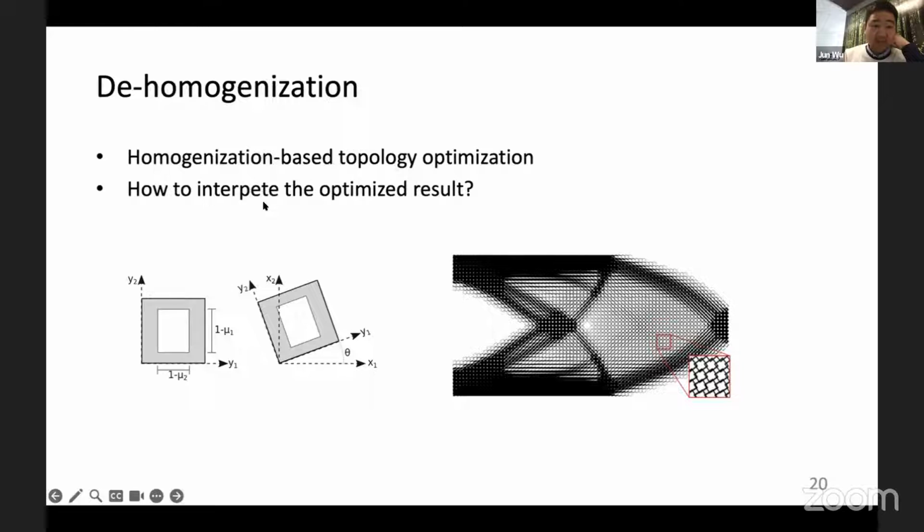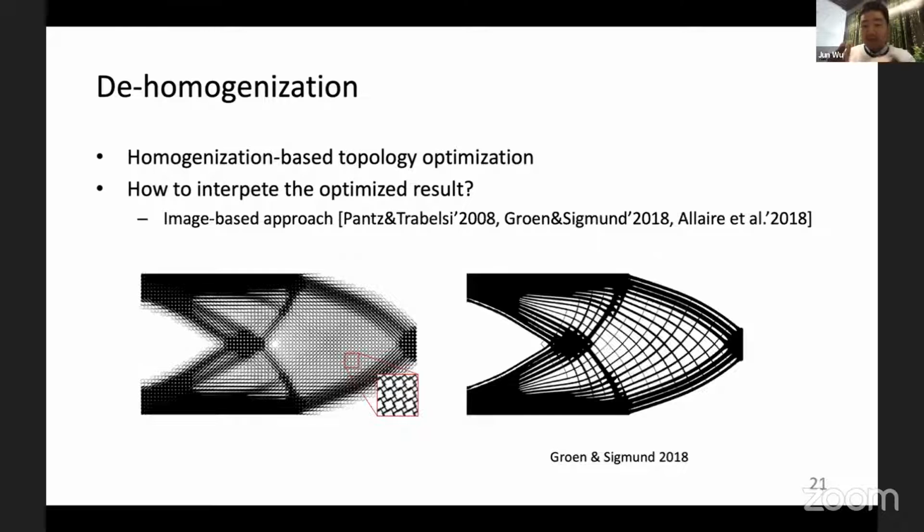The question to be answered in dehomogenization is how do we interpret the results from this homogenization-based optimization? There are two directions. One is to use an image-based approach to optimize the density or to optimize a scalar field, requiring the gradient of the scalar field to be aligned with the optimized orientation of the unit cell.